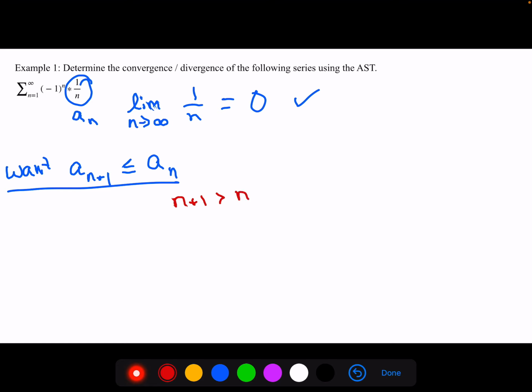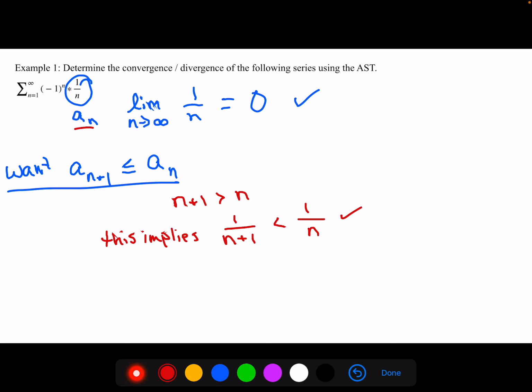We're trying to build up our 1 over n, our a sub n. Since when a denominator gets larger, a fraction whose numerator stays the same gets smaller, this implies that 1 over n plus 1 is less than 1 over n. So our sequence that we are adding up together is indeed decreasing, or not increasing.